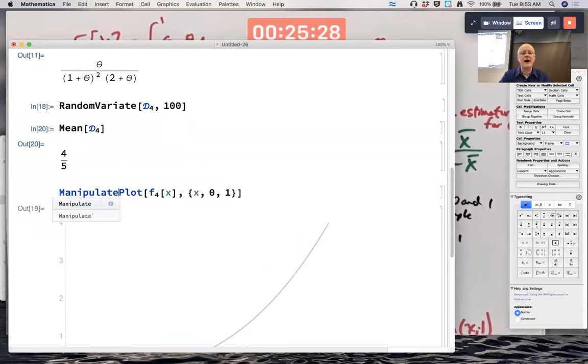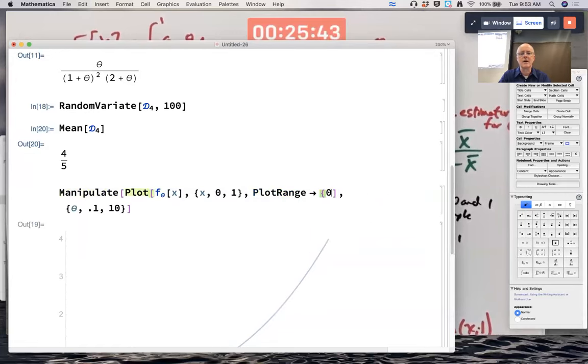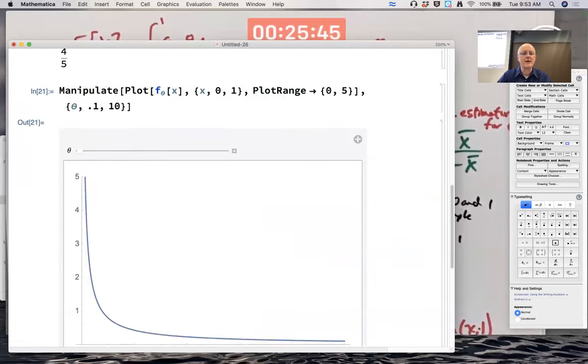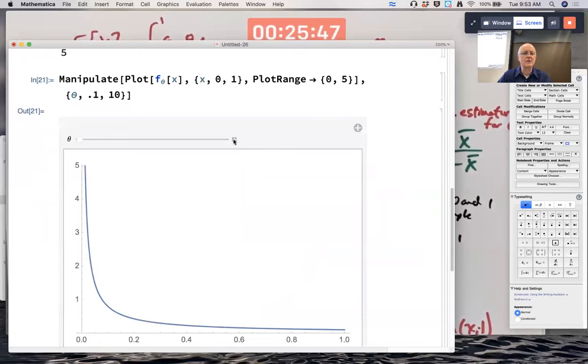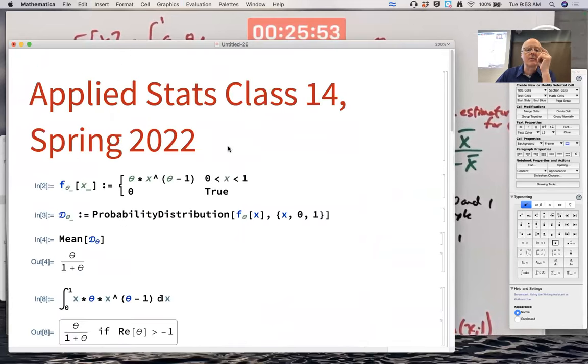You might wonder also, how does theta affect the graph? I could make a manipulate. Probably need to keep the plot range fixed to make it nicer. There's when theta is close to 0. There's actually a vertical asymptote when theta is close to 0. Think about the formula.